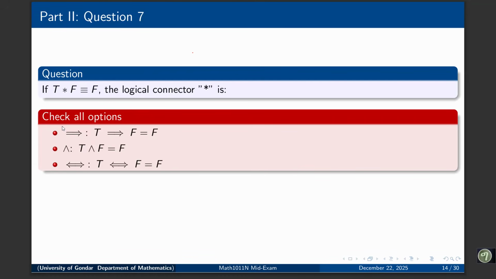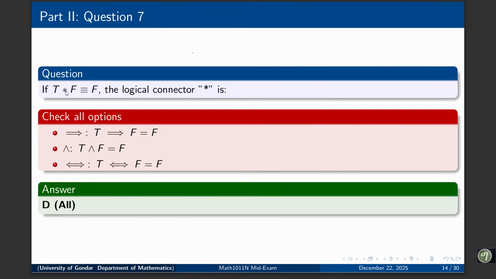If and only if: because these two have different truth values, true if and only if false is false, so the biconditional can also replace this star. So all the given alternatives can replace this one. Therefore, the answer for this question could be and, and that is true.